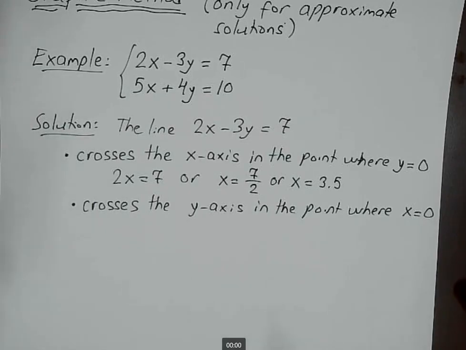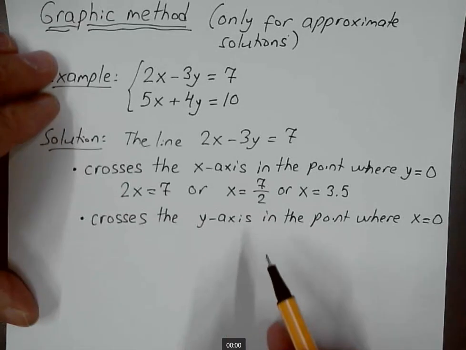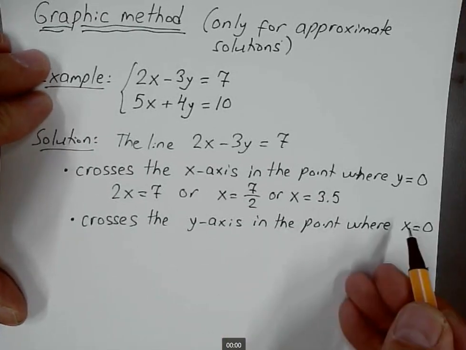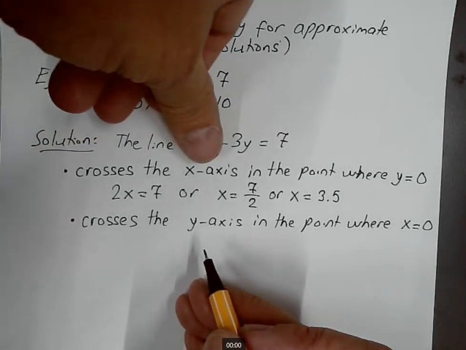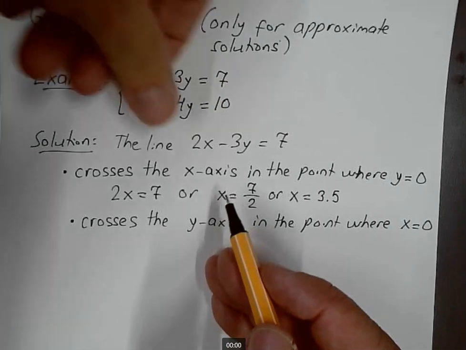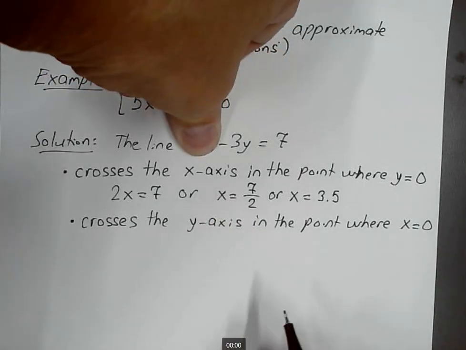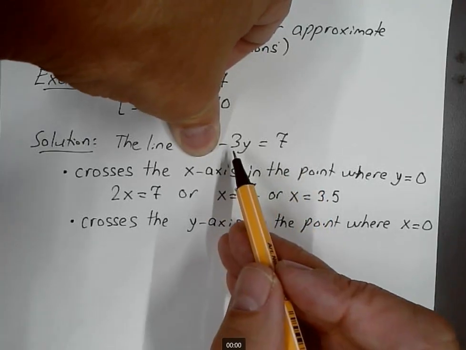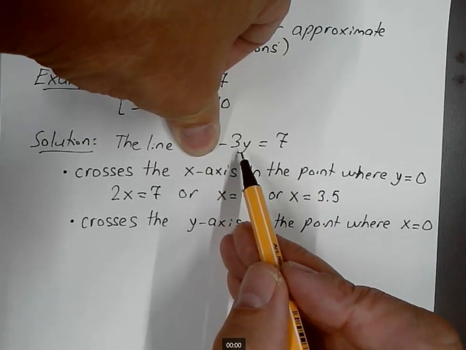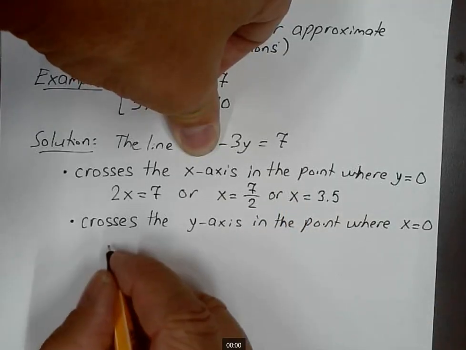So we may solve this point by taking x away from this equation. I am deleting this 2x, so that leaves me the equation minus 3y equals 7.